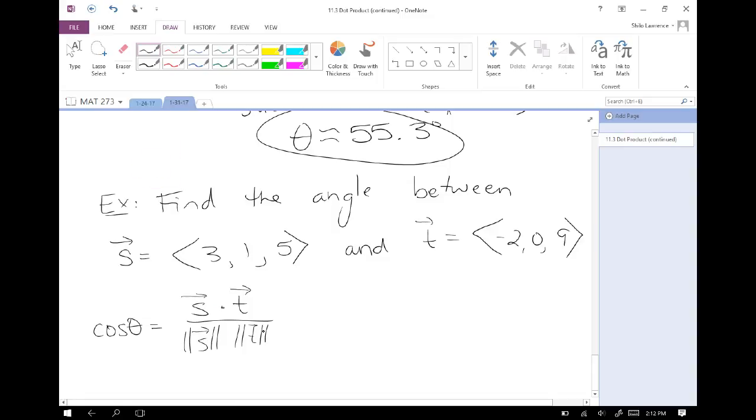So in the top we do the dot product, in the bottom we've got the magnitudes. And the reason we're dividing by the magnitudes is because the length of the vector doesn't matter. That's not going to change the angle.